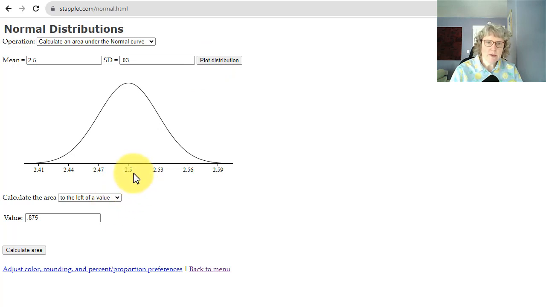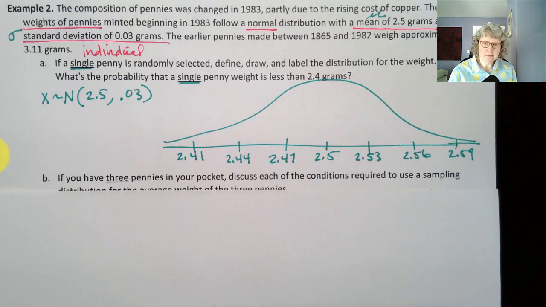Okay, so I can read my numbers off of here. 2.53 going above the mean, 2.56, 2.59, and then back to 2.5 in the middle, going down, 2.47, 2.44, and 2.41.